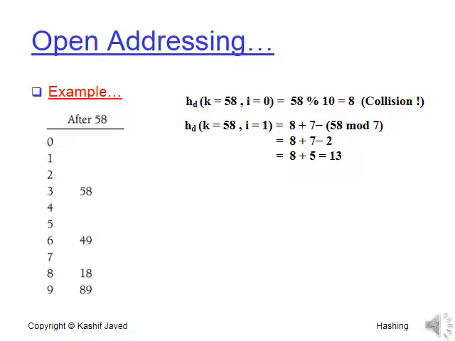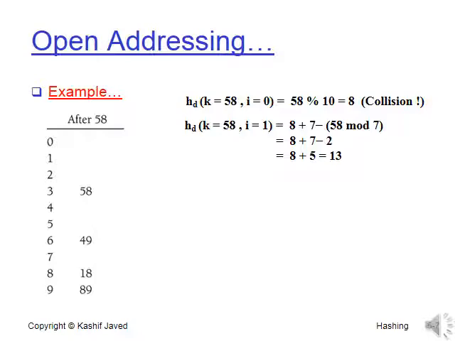Now let's insert number 58 into our hash table. The hash value computed for 58 by using double hashing, when sequence probing variable i equals 0, is 8.